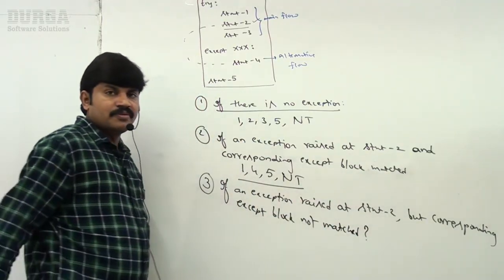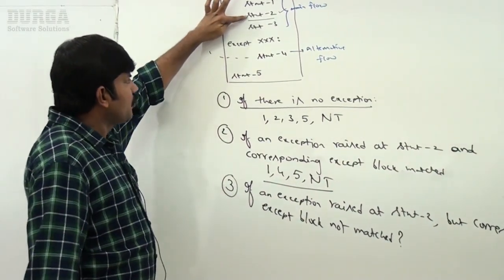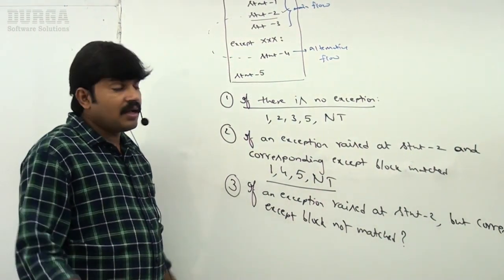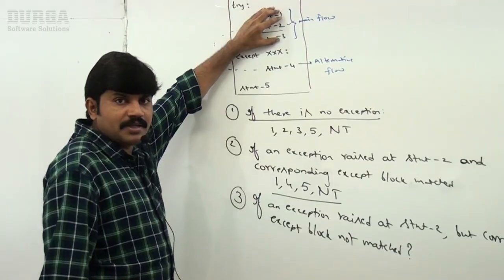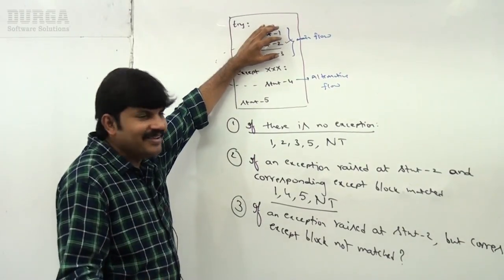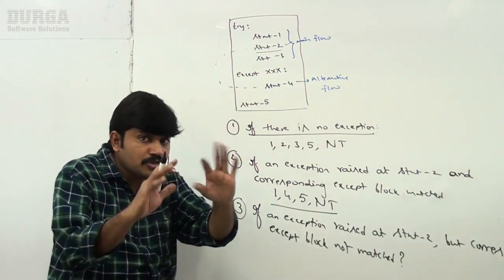What is the flow now? Not matched means, here a zero division error is coming, but this except block is for value error. It's like a heart problem is coming, but the available doctor is an eye specialist. So here an exception is raised, but among the available except blocks, there is no match at all.